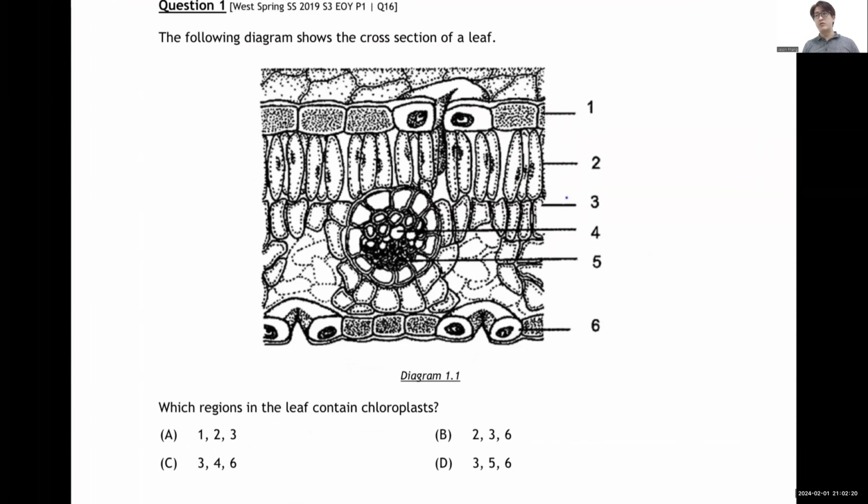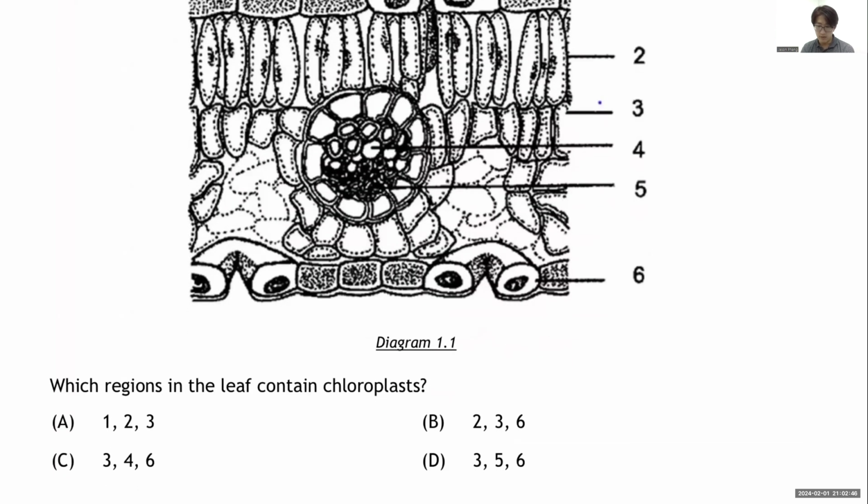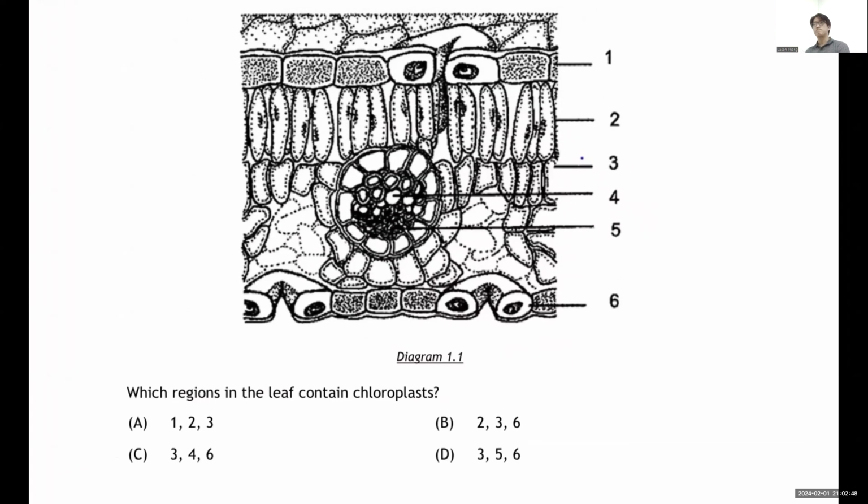Cross-section of the leaf, we need to be able to remember and identify the structures in the leaf. So when I chop the leaf in half, this is what I see. Contain chloroplast. Then you're going to flip back to the front page. Okay, contain chloroplast. Only got, I give you a clue, 3 types of cells.